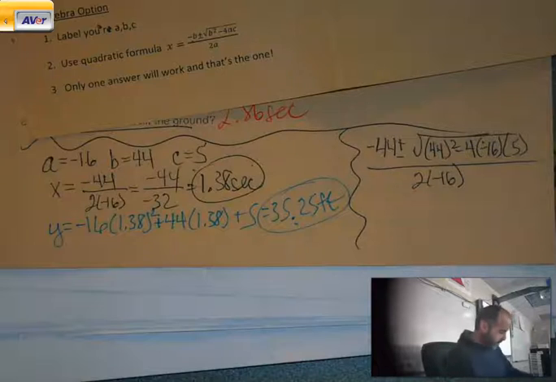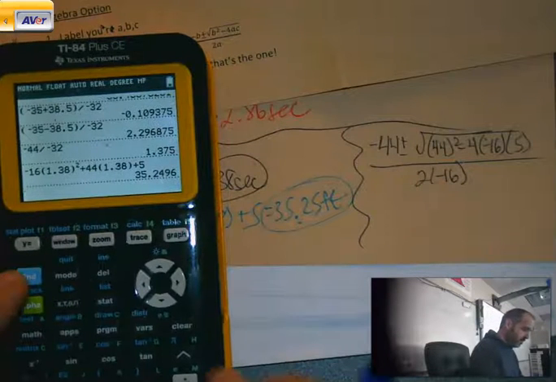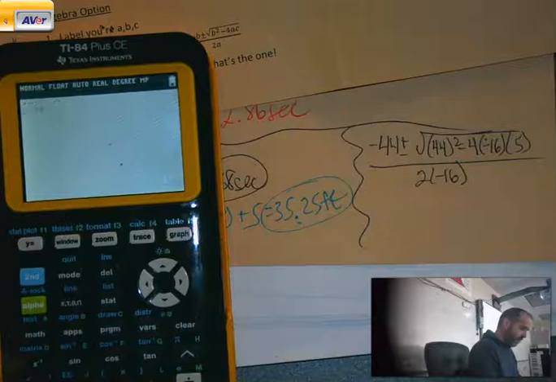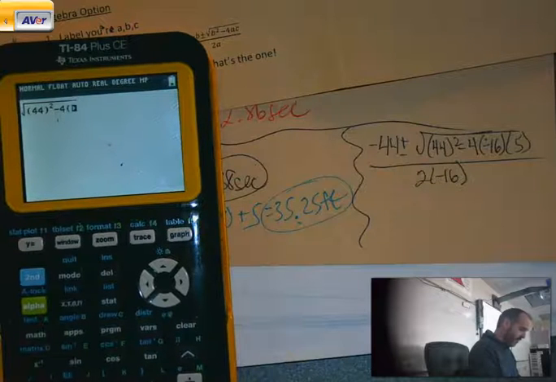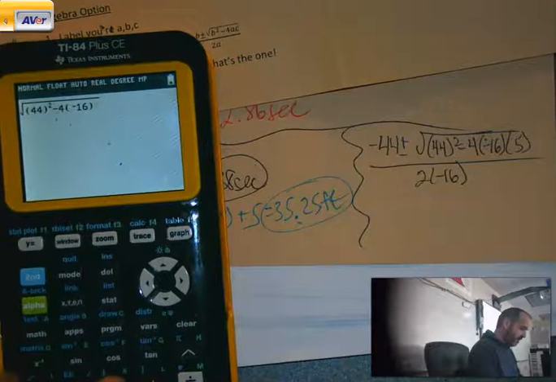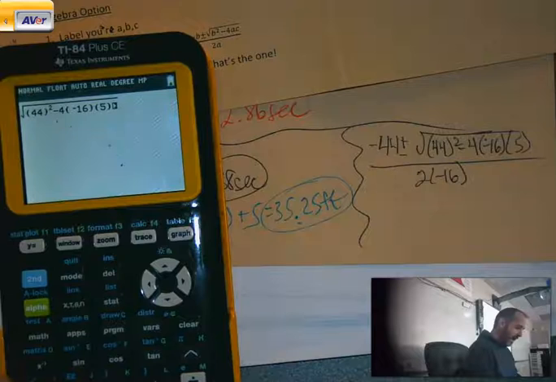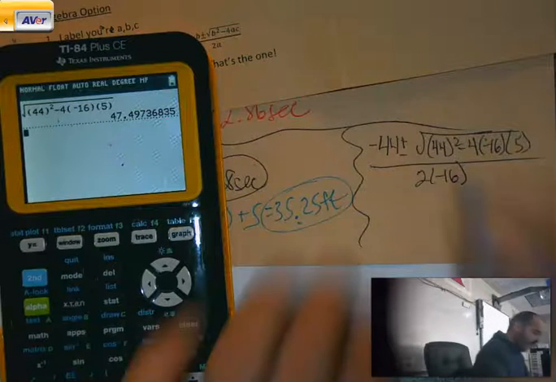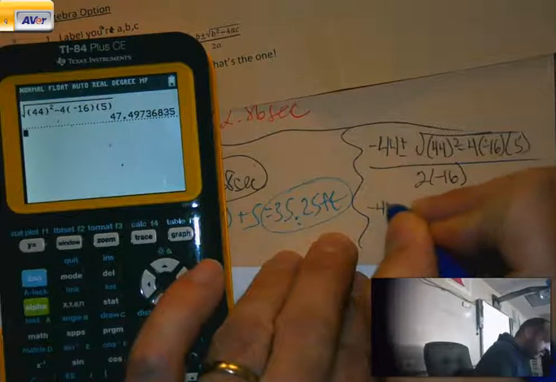All right, let's do this. Square root of 44 squared minus 4 times negative 16 times 5. Whack. 47.5, we'll call it.